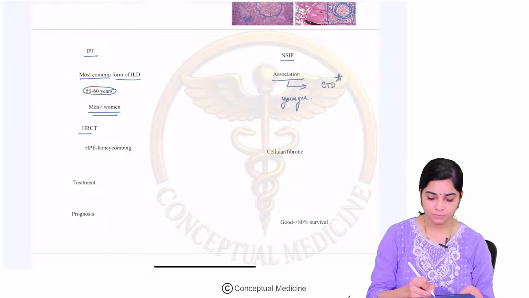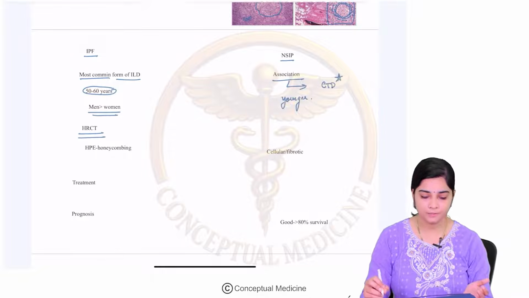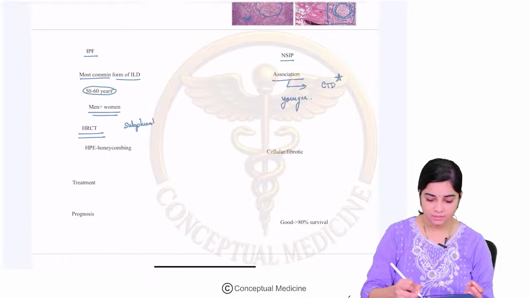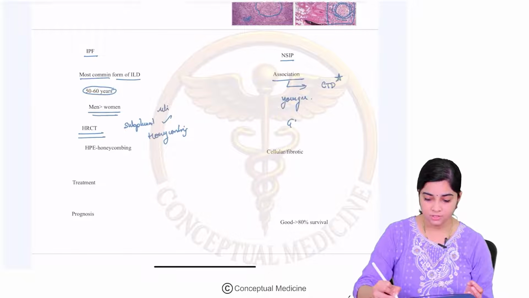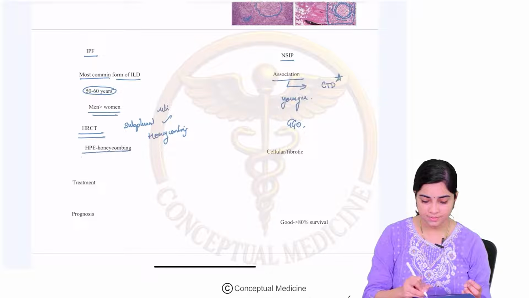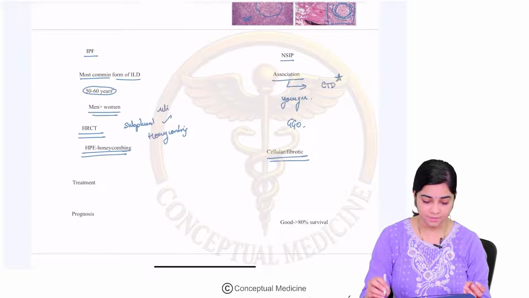Okay, how do you differentiate the HRCT findings? We have already learned. In IPF, you see subpleural reticulations, honeycombing is more common in IPF, whereas GGOs are more common in NSIP. Then, in histopathology, you see honeycombing in IPF, and you can find cellular or fibrotic debris in NSIP pattern.